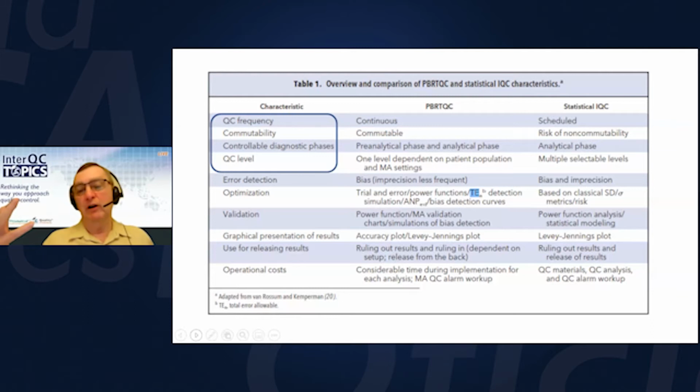Whereas with statistical QC, you normally run two samples, a normal and an abnormal in routine clinical chemistry, and maybe three samples for assays where you're also interested in low values as well as high values. So in many immunoassays, you may have a normal QC, a high QC, and a low QC. You don't have that in patient-based real-time QC.